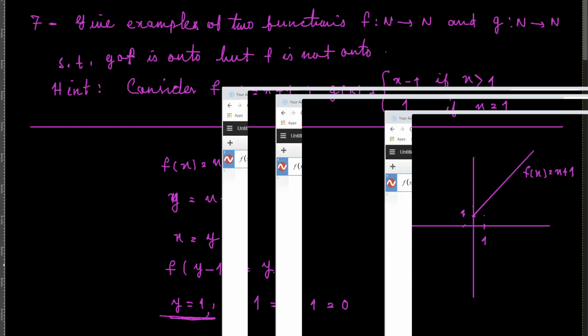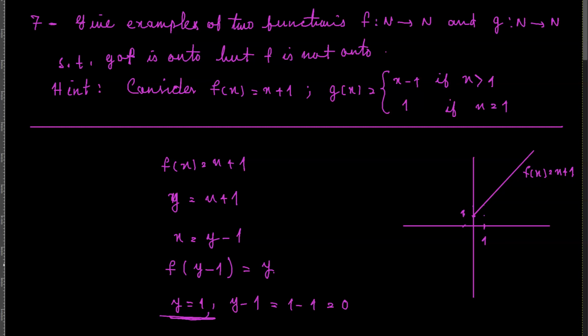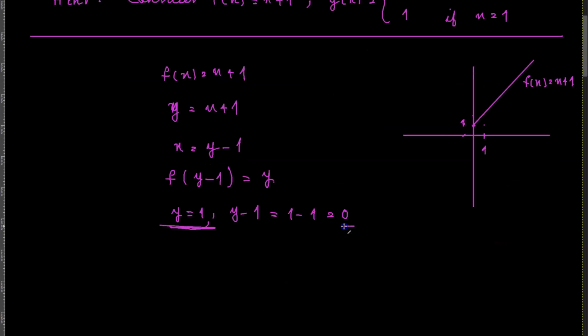Which means that the function is actually not onto. You see over here, y minus 1 is equal to 0, which does not belong to the set of natural numbers, and therefore you can say that f is not onto. I hope that you understood what I meant by this.